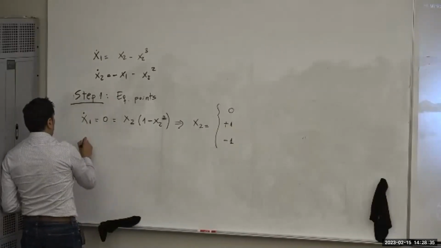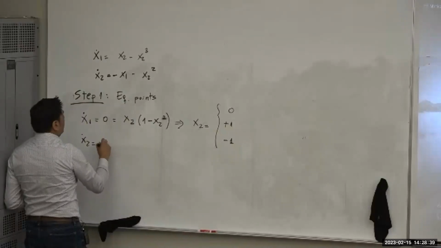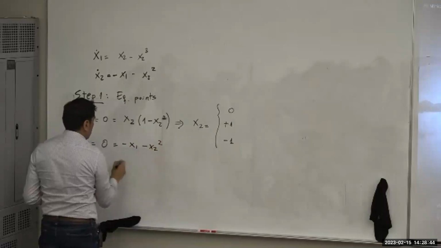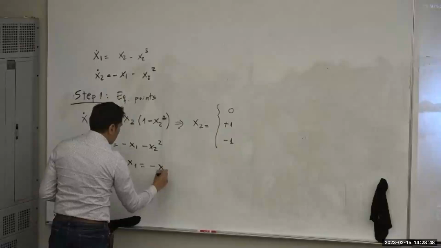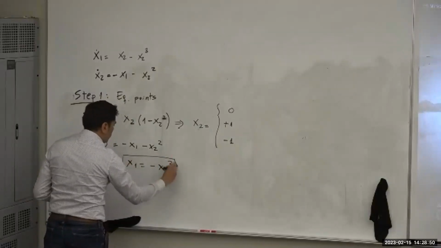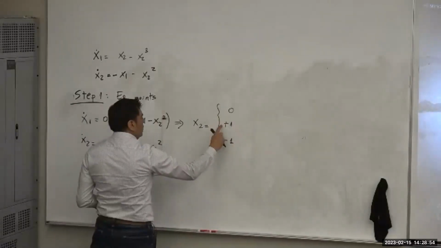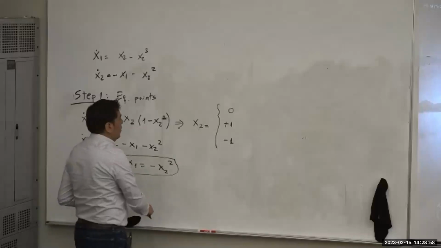If we look at the second derivative and make it equal to 0, then we conclude that x1 needs to be equal to the negative of x2 squared. So for each value of x2, we can determine the value of x1.